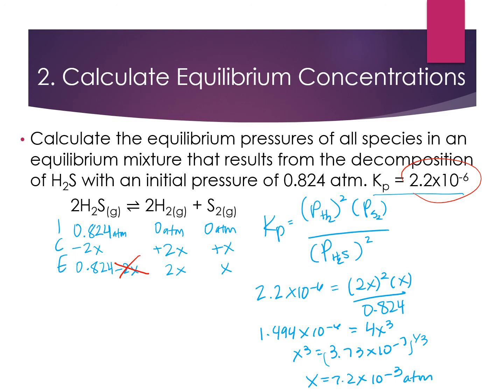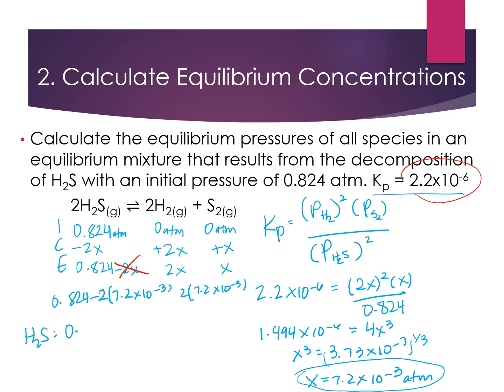So now I take that x value and I plug it back into my equilibrium. So 0.824 minus 2 times 7.2 times 10 to the negative 3, and my partial pressures are 0.810 atmospheres for H2S.